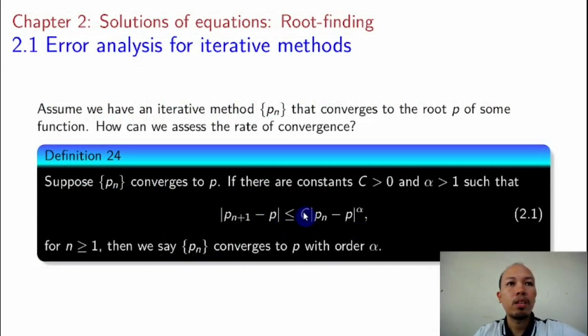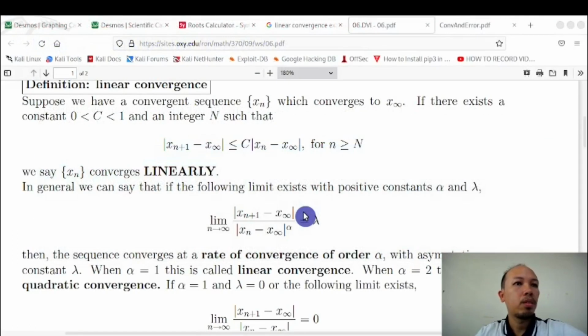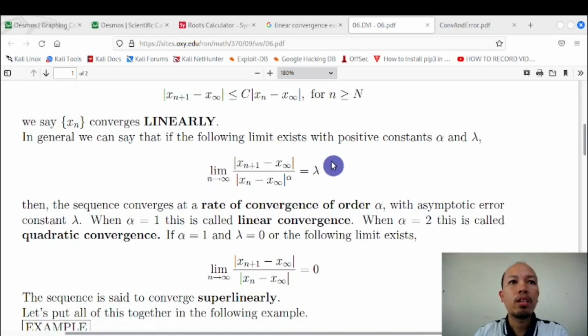Okay, so let's go back to this one here. This is the general way on how to get the rate of convergence of order alpha in definition 24 using the limit. That is the definition.